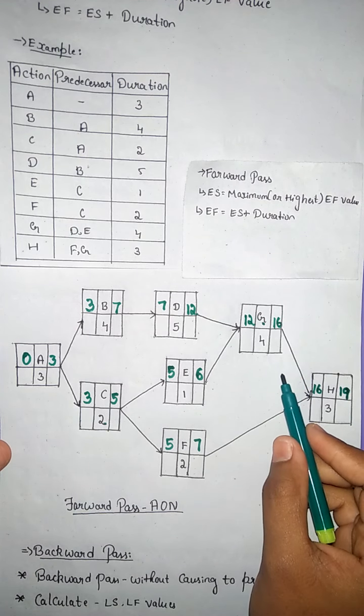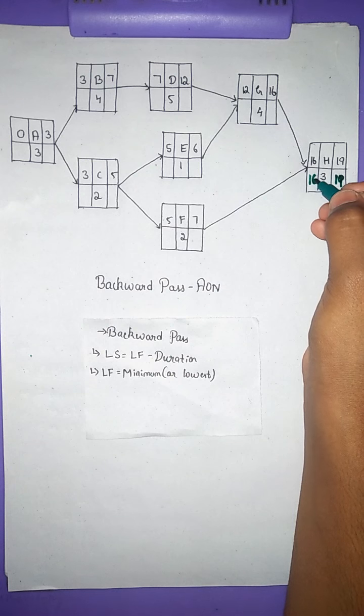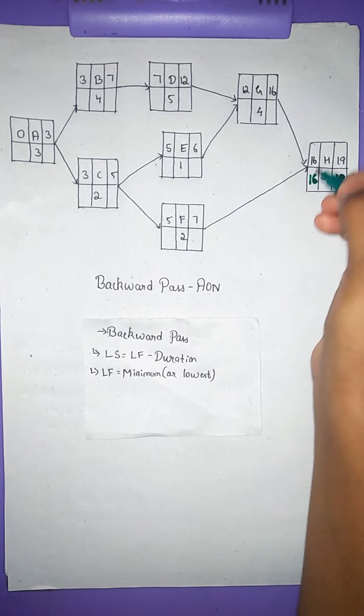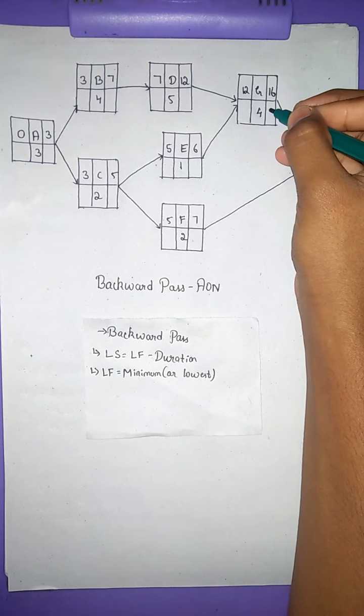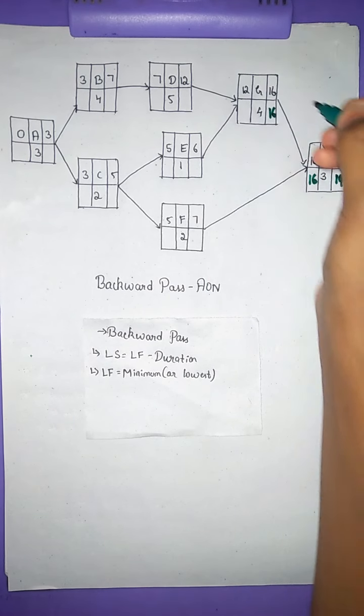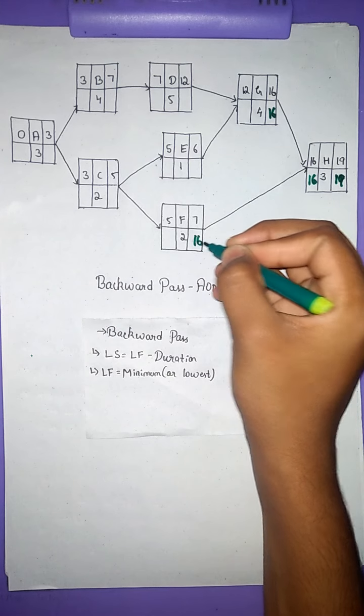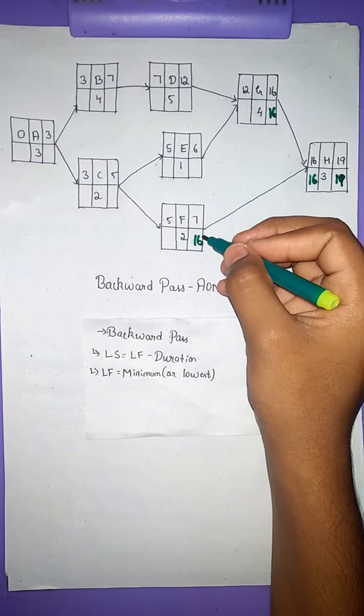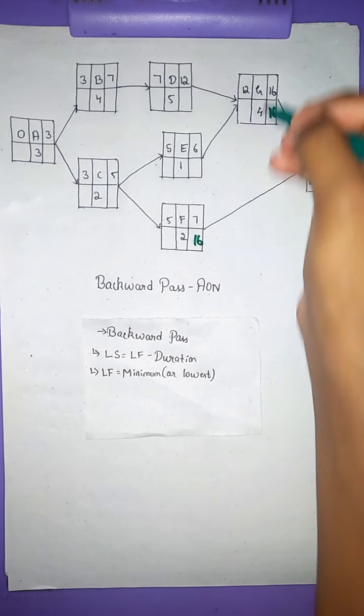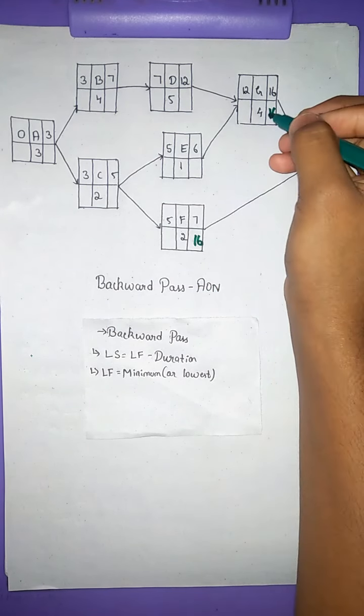We need to consider the minimum value. We have only 16, so we are taking 16 here, and also here. So 16 minus 4 will be 12. Here 16 minus 2 will be 14.